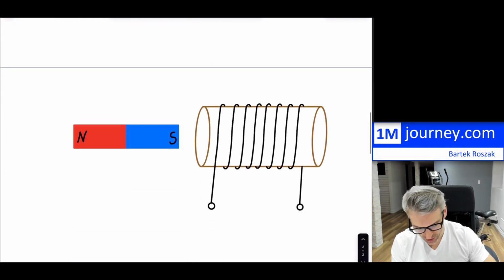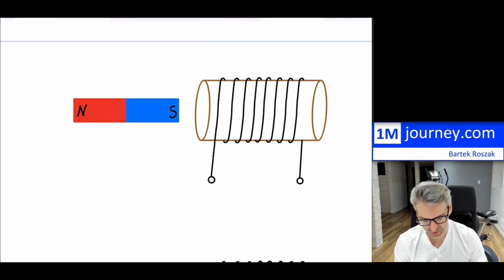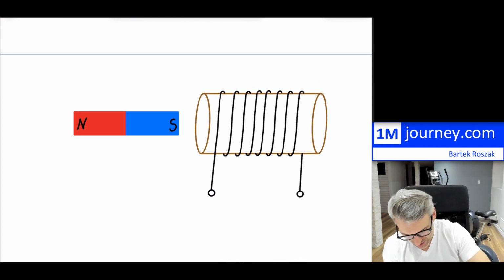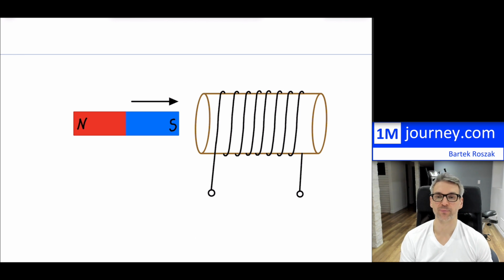So I'm going to do the opposite. What if you started to flip this over? And let's say that it was the south pole. And now on the south pole, let's imagine that we're going to try to bring this inside. So this is what we would want to be able to do within here. If we wanted to move this inside, again, what would happen is it would try to oppose this.